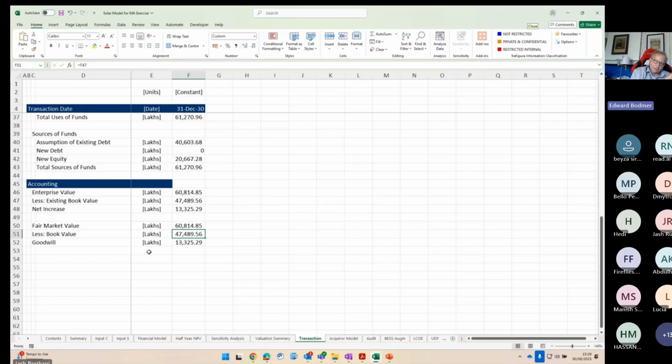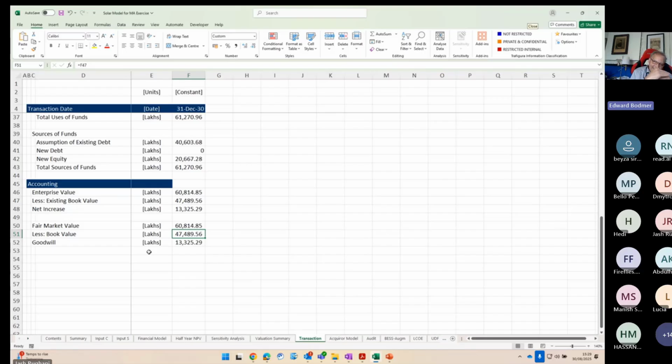And for book purposes, we're going to depreciate that amount. But for tax purposes, that depends on whether you're buying the assets or buying the stock of the company. If you're buying the stock of the company, you just leave the old taxes in.